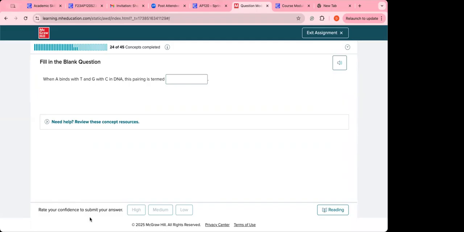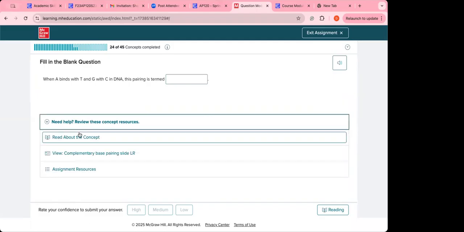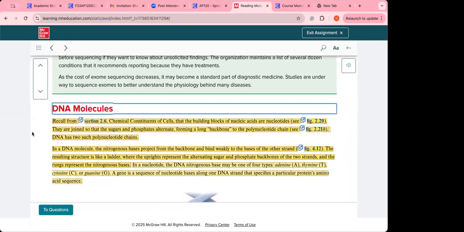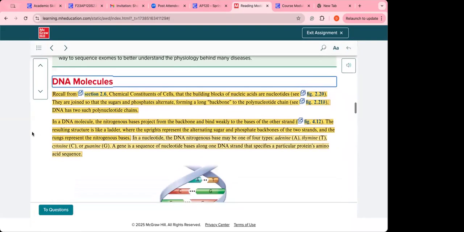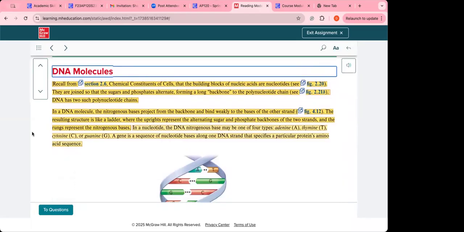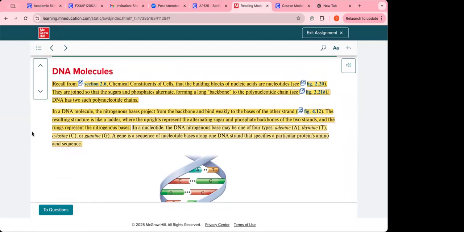Let's review what it says. When A binds with T and G binds with C, okay, in a DNA molecule. Did they tell us what it's called? In a DNA molecule, the resulting... Okay, keep going.